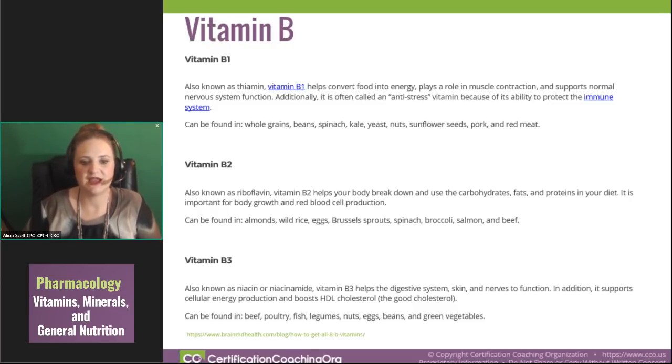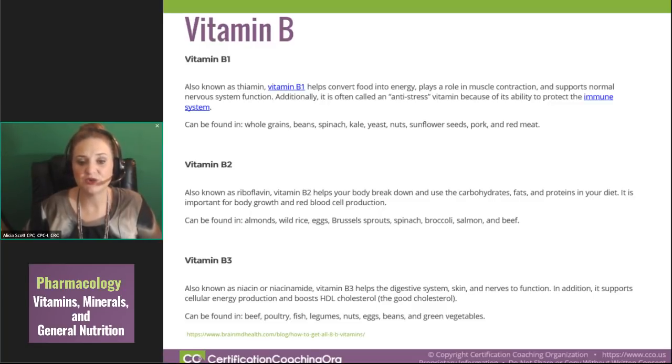Another one is B3. Again, not one that's talked about as far as saying B3, it's niacin. Niacin is something that if you have problems with your nervous system, a lot of times they'll say, hey, you need to increase your niacin in your diet.